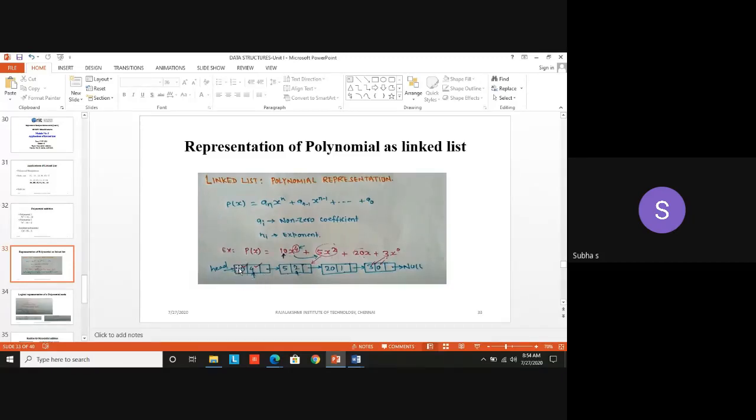You are having two data parts and one address part in each node of the linked list. Normally, the general representation for a node is what? A data and a pointer. Pointer is a must and data is also a must. Here, we are having two data parts, one for coefficient and one for power.